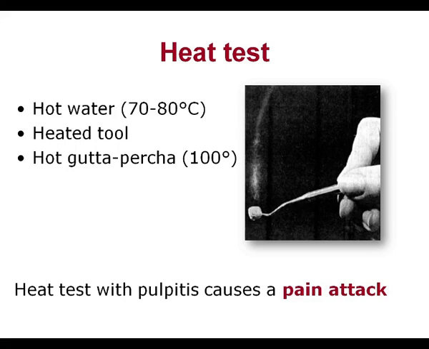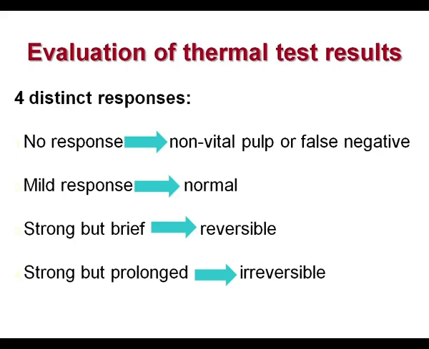Another type of thermal test is the heat test. We use hot water, a heated instrument, or heated gutta percha, and the heat test in pulpitis causes a pain attack or trace pain.